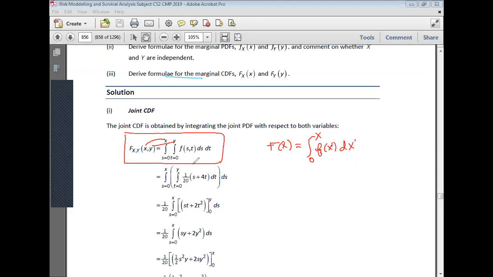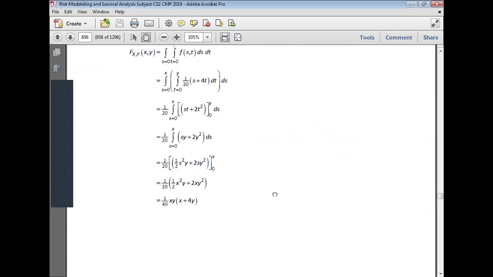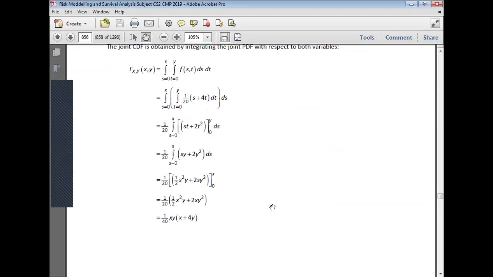Because you are writing f of st, s for the x and t for the y, you replace x with s and y with t in f of xy. Then you do your normal integration, and the answer that you get is the joint CDF of x and y.